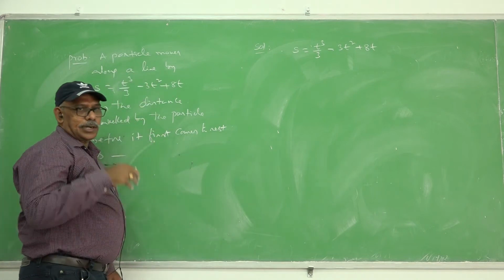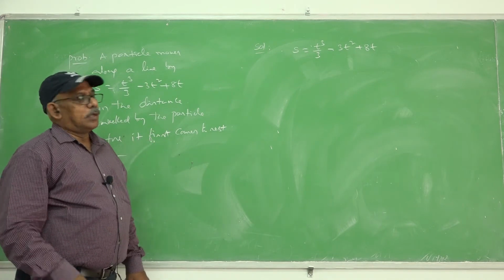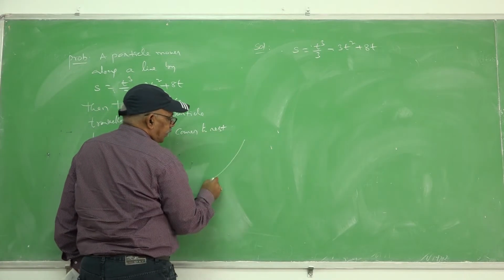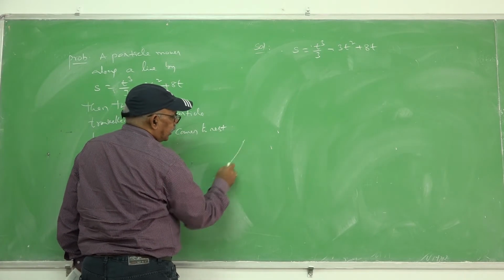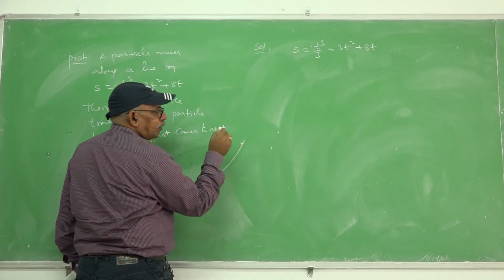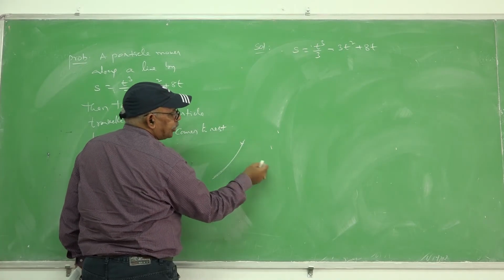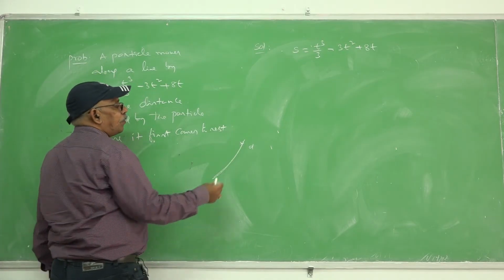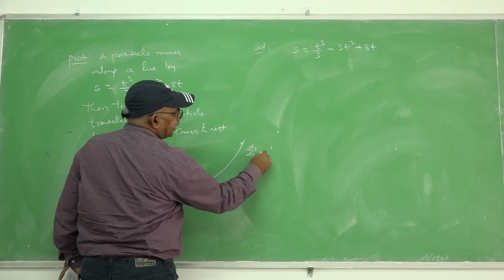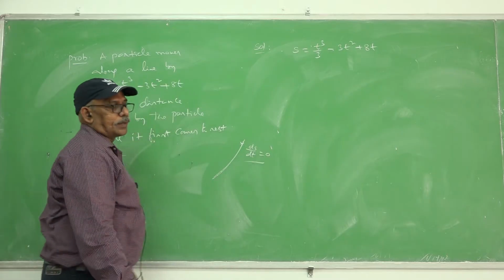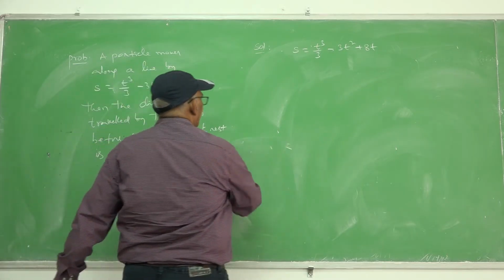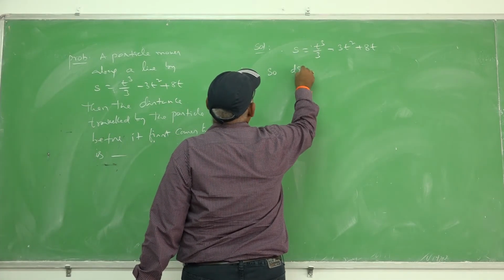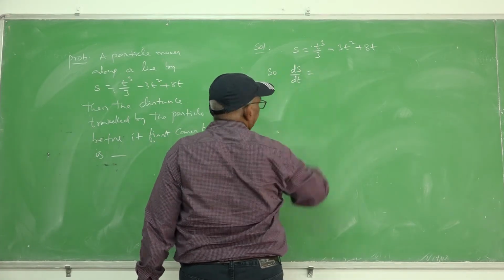It comes to rest whenever the velocity becomes 0. Velocity is given by ds by dt. So, if the particle comes to rest, the velocity is 0.